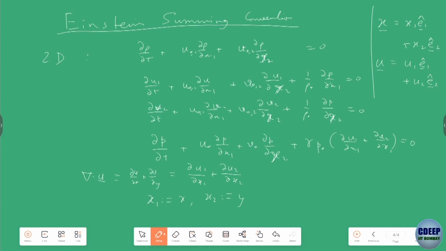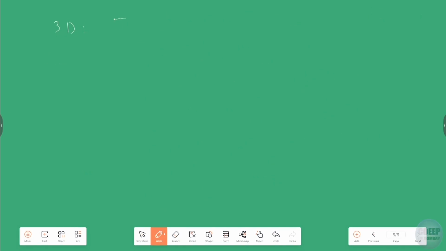So I've got the divergence as del u1 del x1 plus del u2 del x2, which I can write as summation del ui del xi, i equal to 1 to 2. And if I had 3D, divergence of u will also be very similarly del ui del xi, i equal to 1 to 3.